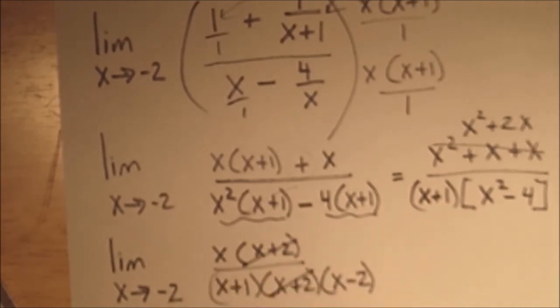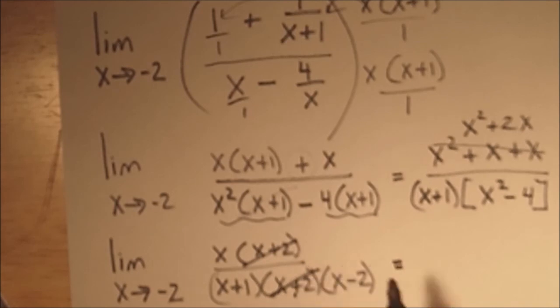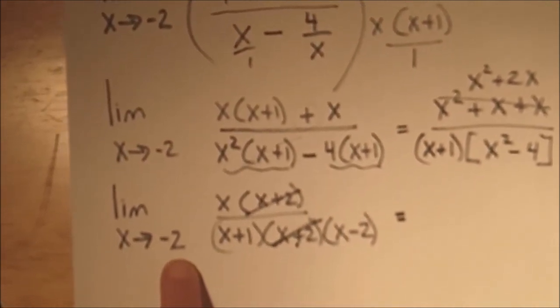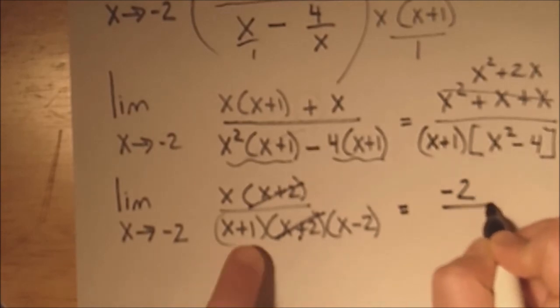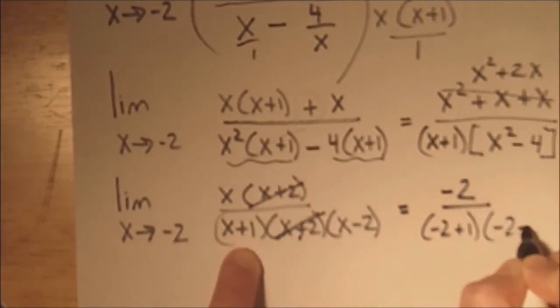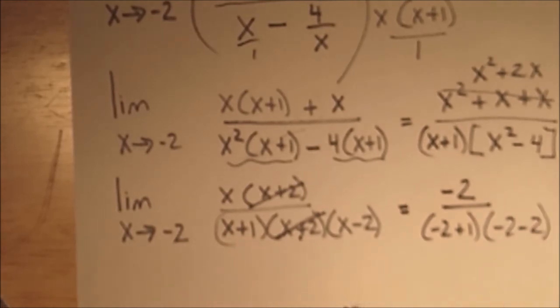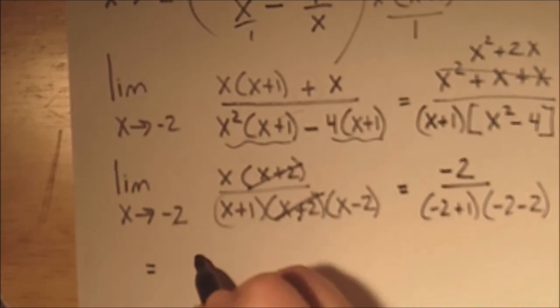And now I'm ready to plug in -2 for x. Now that I've canceled that problematic 0 over 0 factor, I can plug in, and I will not get 0 over 0. I will, in fact, get a value for the limit. So this problem definitely had some more challenging algebra to it.